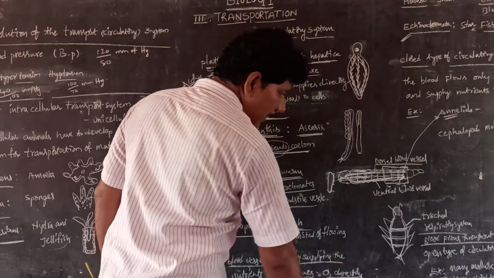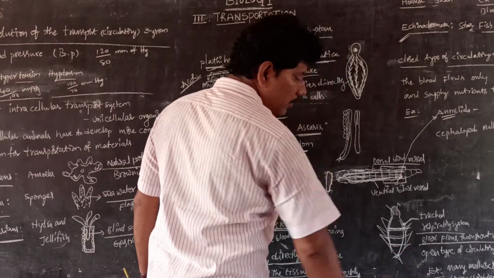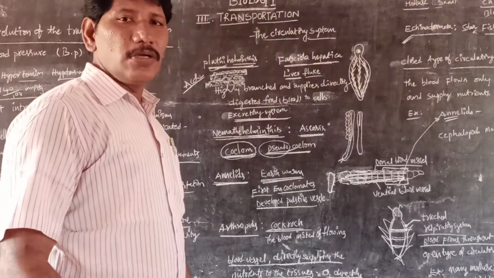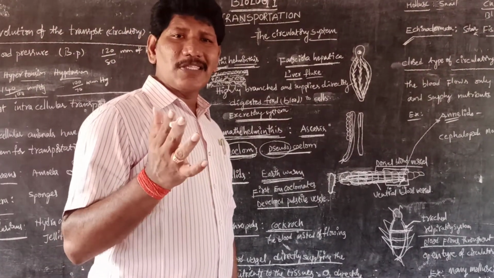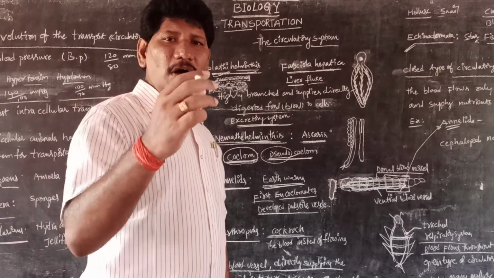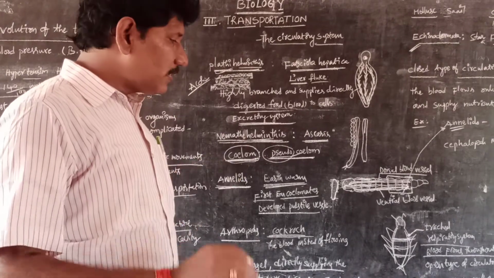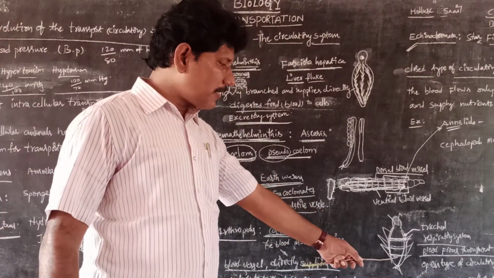Oxygen is directly supplied through the respiratory system. The respiratory pigment hemoglobin is absent, so there is no carrying of oxygen by the blood to the heart. The heart here has 13 chambers.